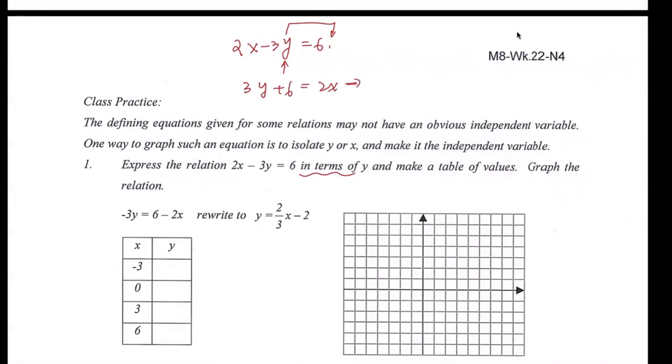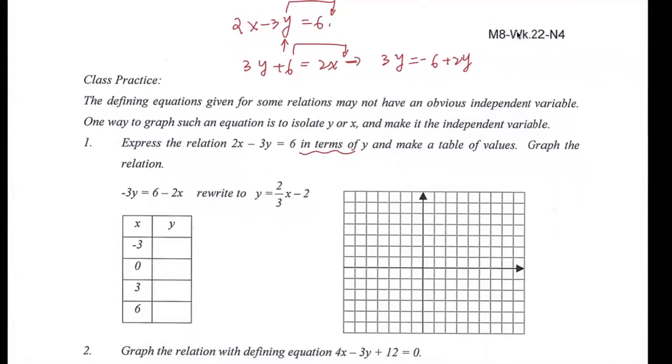And if we move 6 to this side, it will be 3y is equal to 2x minus 6. And if we divide 3 on both sides of the equation, this will become y is equal to minus 2 plus 2 over 3x.